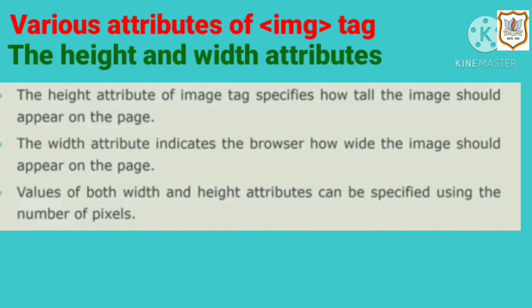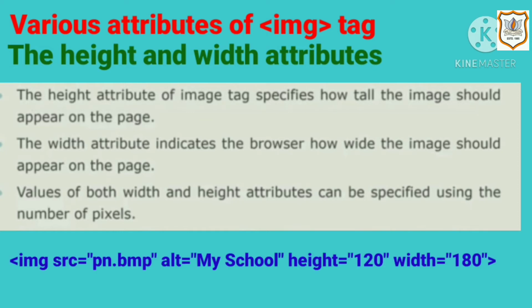The width attribute indicates to the browser how wide the image should appear on the page. Values of both width and height attributes can be specified using the number of pixels. Example: img src equal to pn.bmp alt equal to my school, height equal to 120, width equal to 180.